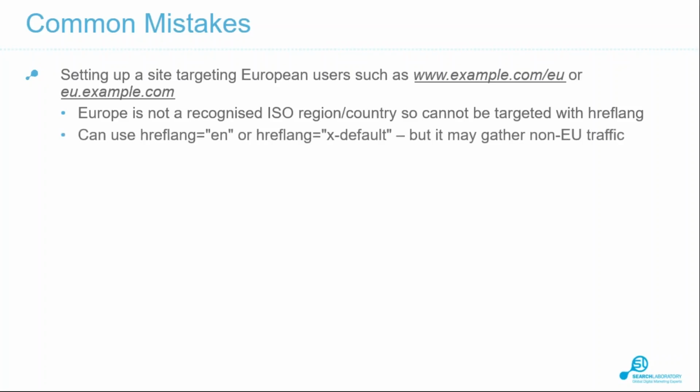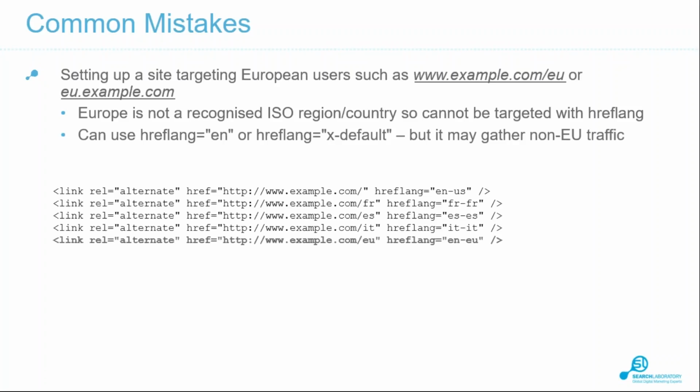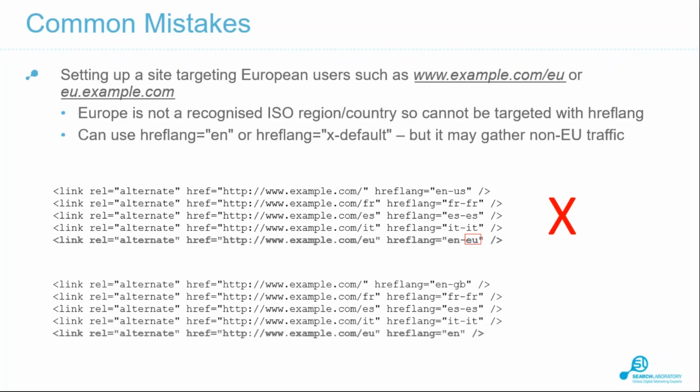We could use hreflang EN for all English or hreflang x-default for all other, but the consideration here is it may gather non-European traffic, which we probably wouldn't want to do. So an example of a piece of hreflang code that really wouldn't work is one that's highlighted here, EN-EU, English for Europe. That just simply wouldn't be recognized by Google because it doesn't fall within the ISO region directive that would be recognized.